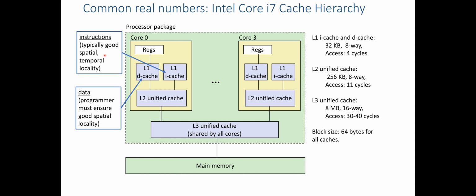If we happen to have some kind of weird code where we go way back to some instruction that was executed a long time ago, we could have some temporal locality issues, but generally speaking, you see pretty good spatial and temporal locality from the instructions. And in the data cache, of course, the programmer really has to ensure this good spatial locality.